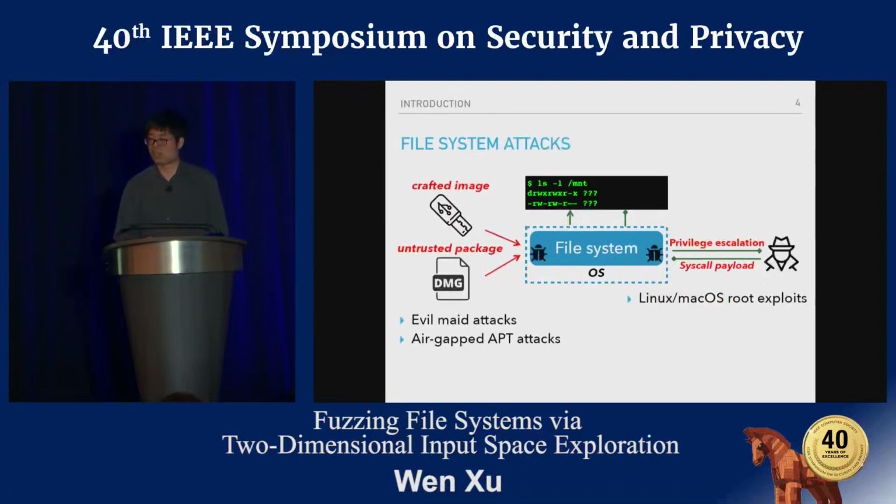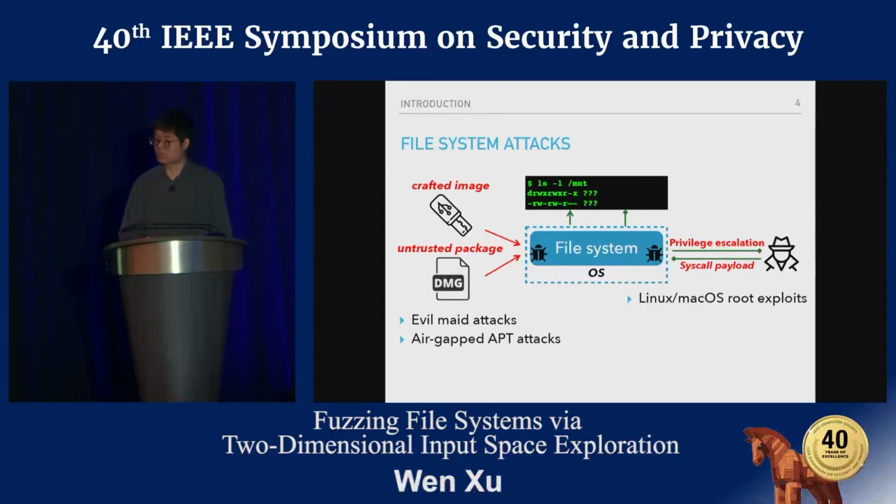In the real world, we see a lot of attacks against file systems. First, by giving some malicious disk image through malicious USB drives or untrusted installation packages, the bugs inside the file system can be exploited through mounting, or even auto-mounting supported by the operating systems. We can see a lot of real cases, such as some air-gapped APT attacks or some evil maid attacks.